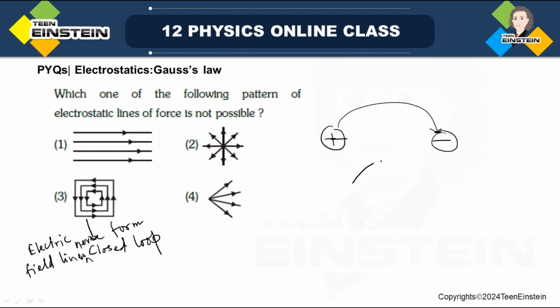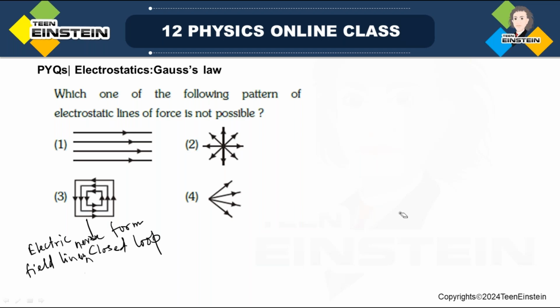The electric field lines start from a positive charge, say, and then they end at the same point if they form a closed loop. So this is violating this particular property. So electric field lines will always be emanating from positive charges and ending at negative charges.